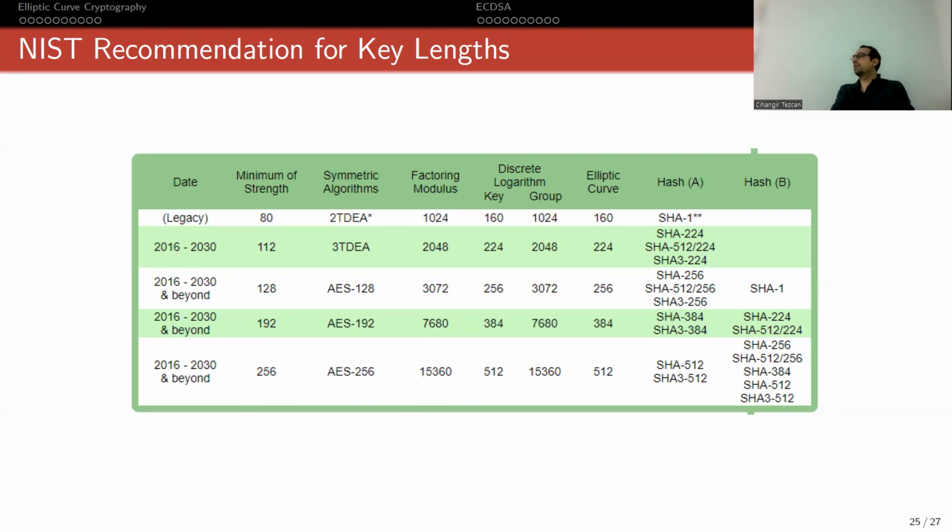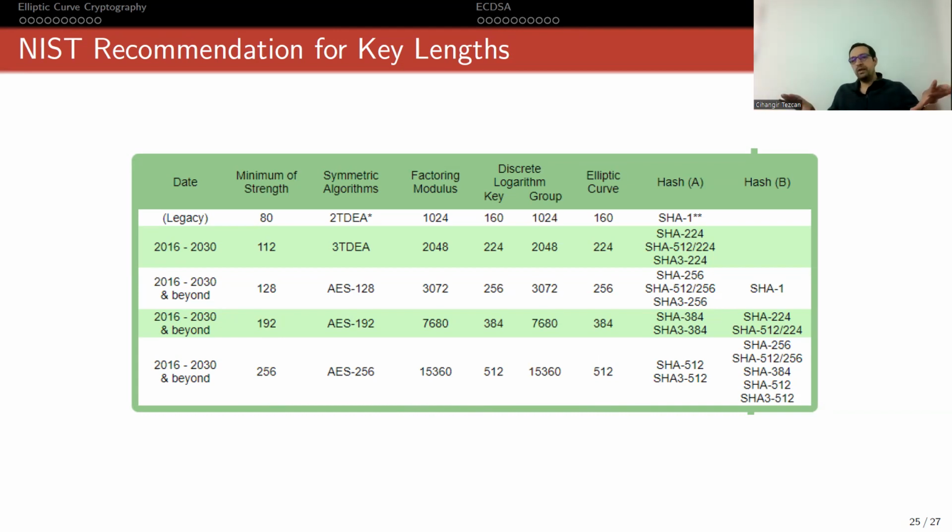Imagine designing hardware that does RSA 15,360. These are huge numbers. So building such hardware might be really costly. This is why we always suggest elliptic curves for public key algorithms, because in order to provide this security, all you need is an elliptic curve of 512 bits.